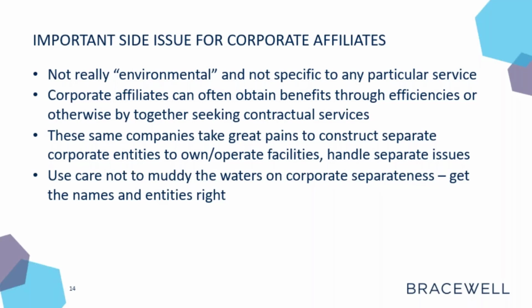Corporate affiliates can often obtain benefits by efficiencies or otherwise by together seeking services from particular contractors. Hey, we've got 3 companies, quote unquote, located here all under the same corporate umbrella, but 3 separate entities operating within the same facility. Why don't we just have one waste vendor come in? If you're not careful in the way you contract, you can really muddy the waters on the corporate separateness. You can cause yourself greater problems on those liability issues in the long run.